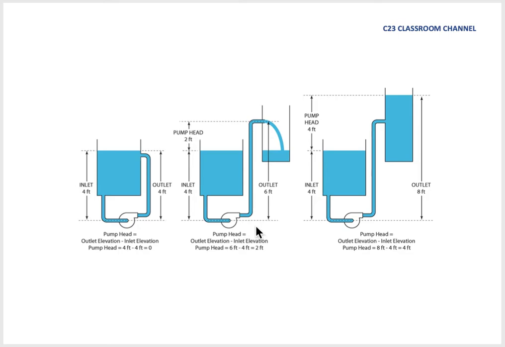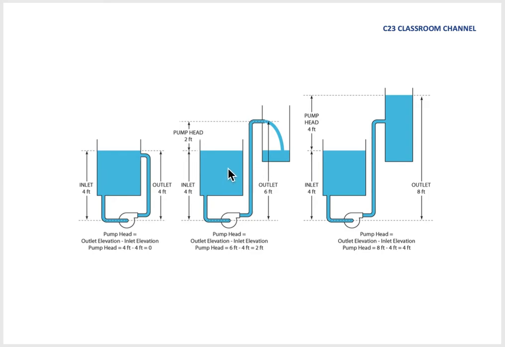So here are a few diagrams to make sure that you understand the intake head, delivery head, suction head, and the overall manometric head. For example, we have a system like this. This is the tank, connected with a pump, and then the water flows. Here the pump velocity head is equal to 0 because the inlet and outlet remain constant.